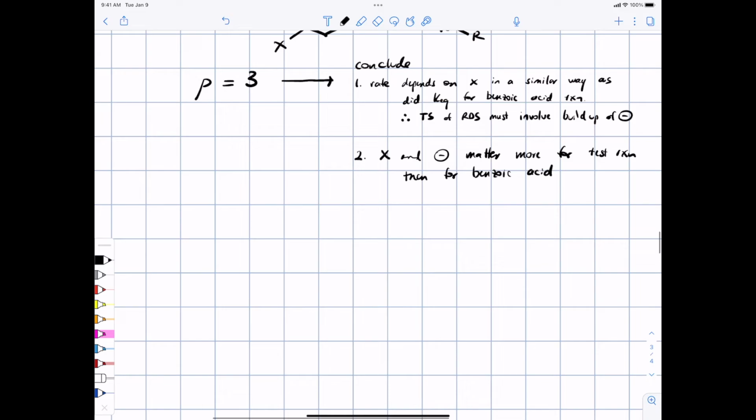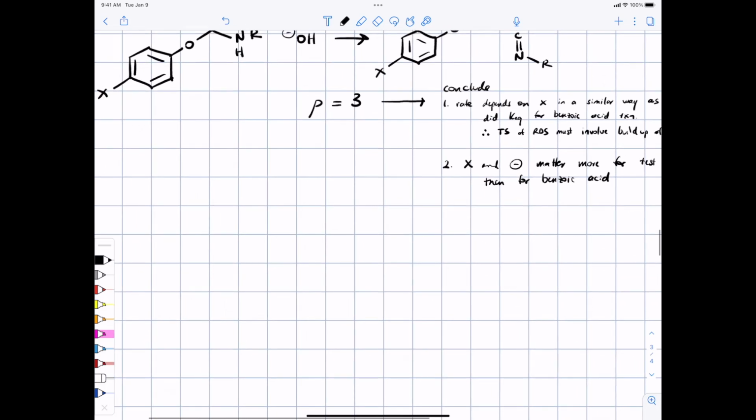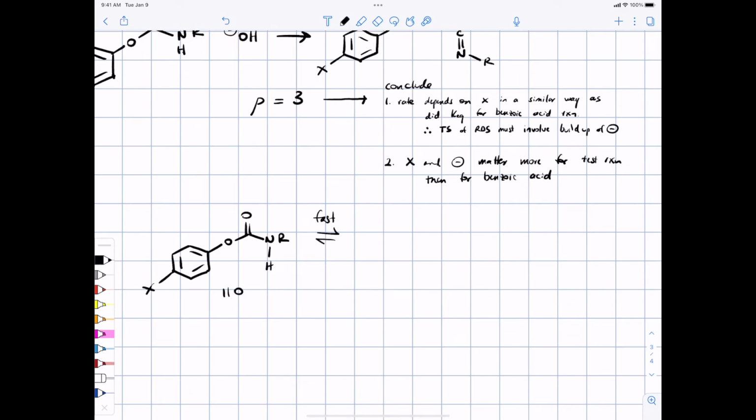So let's see a couple of possible mechanisms. Mechanism A is that you take your starting material and the first step is fast and probably reversible. And that is OH minus removes a proton.